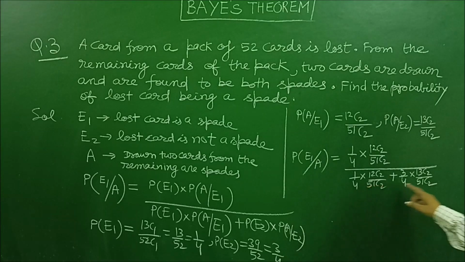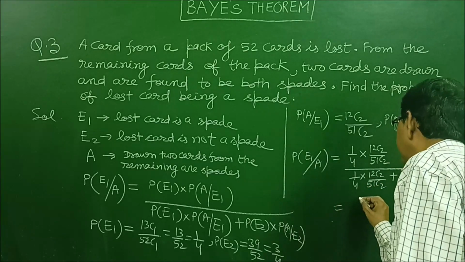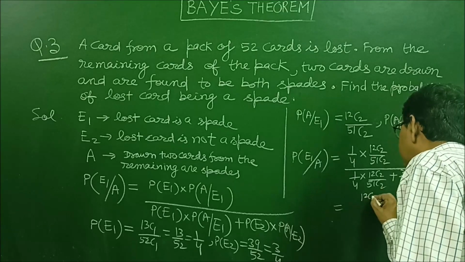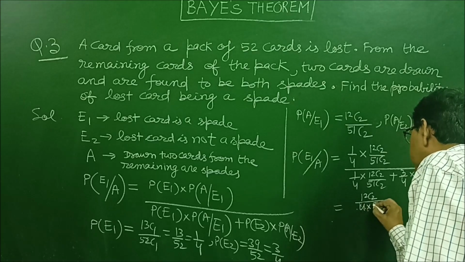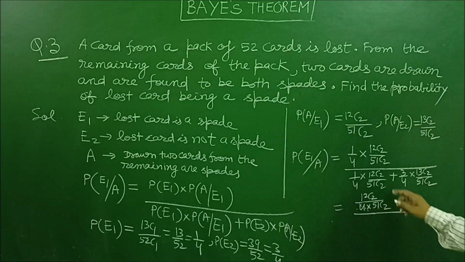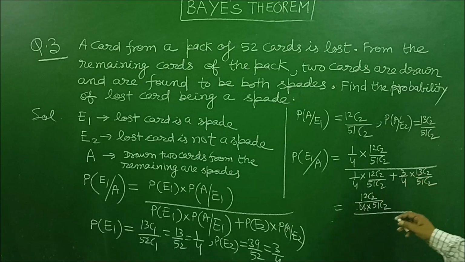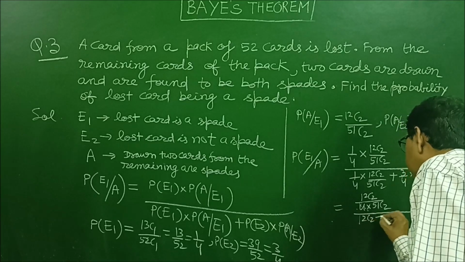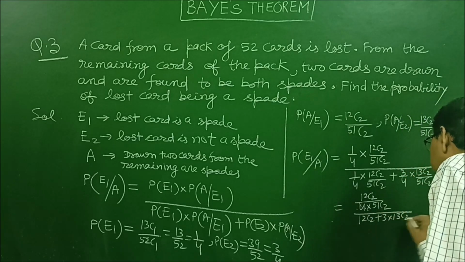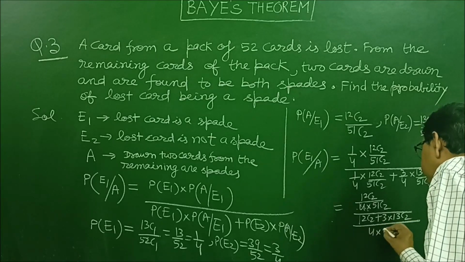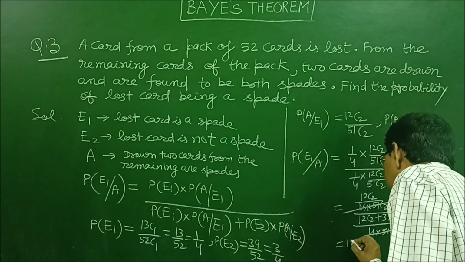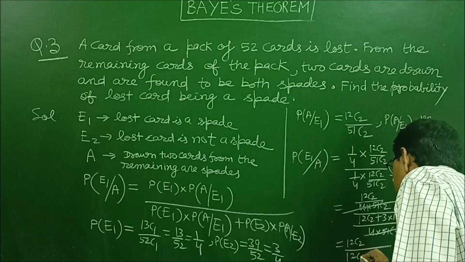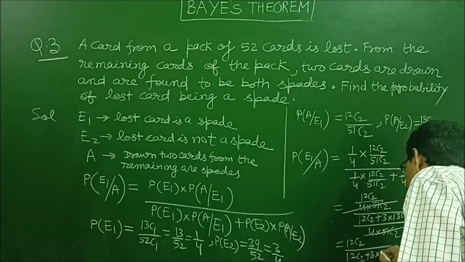Now 4 into 51C2 can be taken as LCM. So this is equal to 12C2 upon 4 into 51C2, and in the denominator we have 4 into 51C2 as LCM, 12C2 plus 3 into 13C2 upon 4 into 51C2. These values are cancelled, so we are left with 12C2 upon 12C2 plus 3 into 13C2.